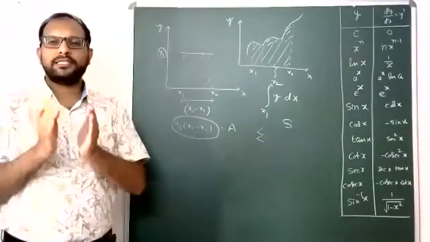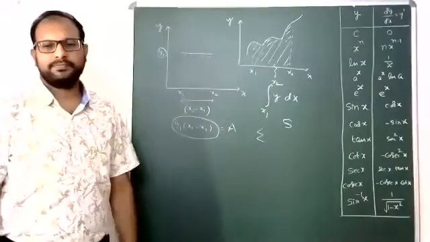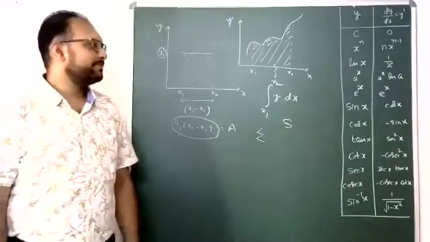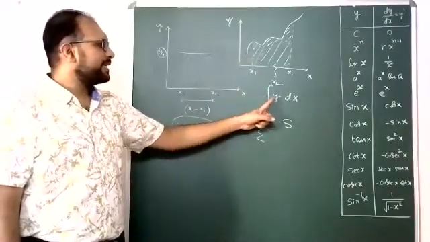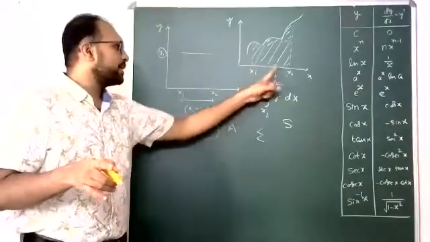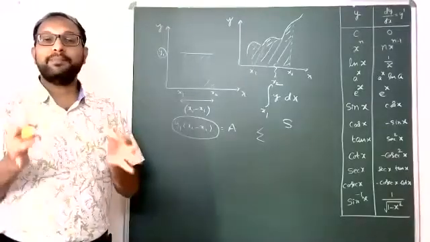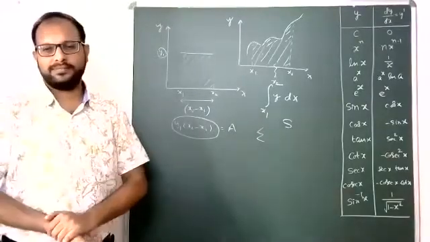So today's topic completely depends on the area under a graph. The total area is represented with the integral y dx, from x1 to x2. That is the first meaning of integration.